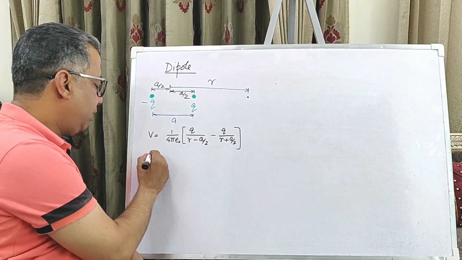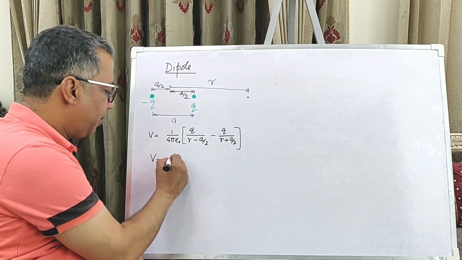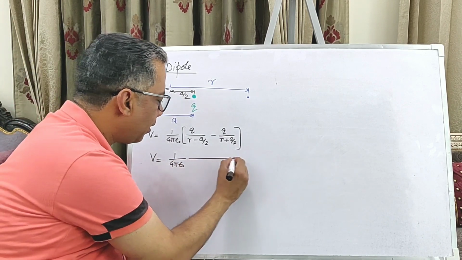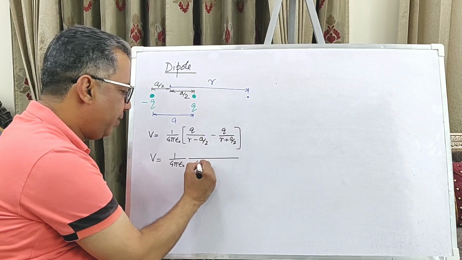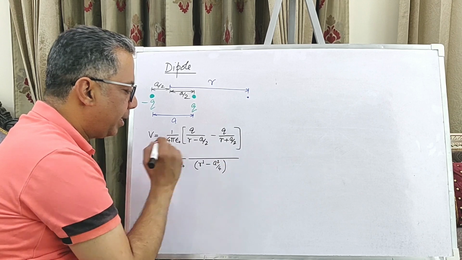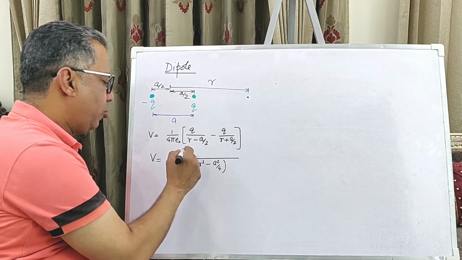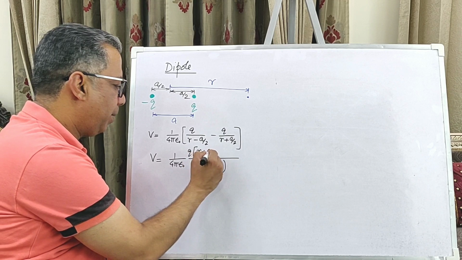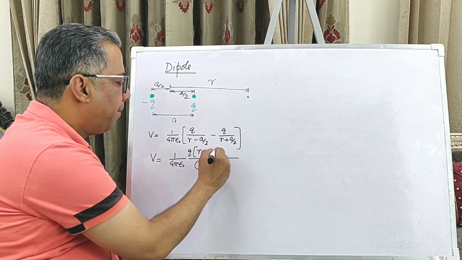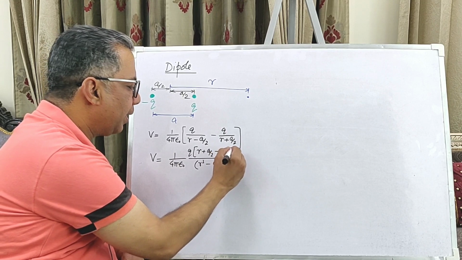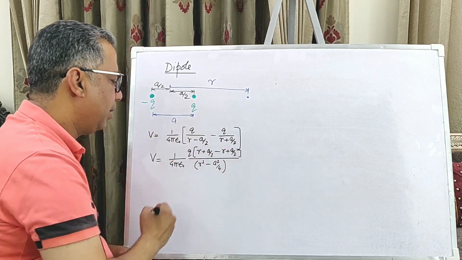So this V is 1 by 4 pi epsilon naught. In the denominator we have R square minus A square by 4, and in the numerator we have Q times R plus A by 2 minus R plus A by 2.